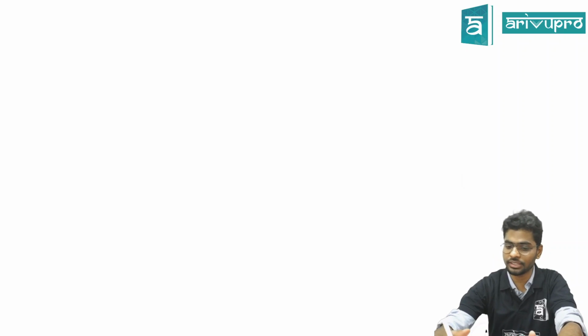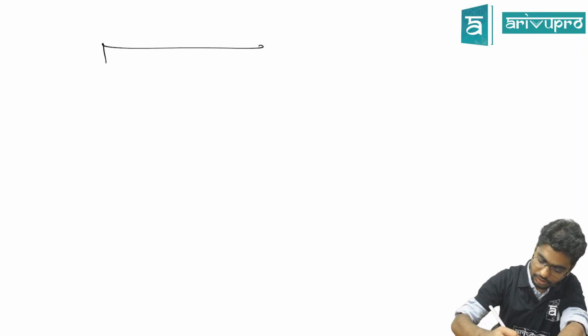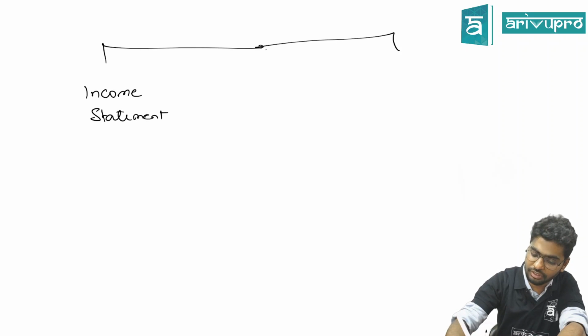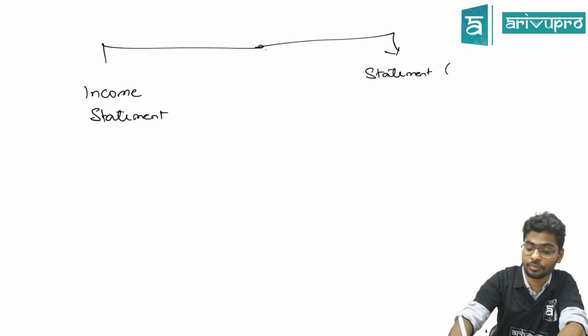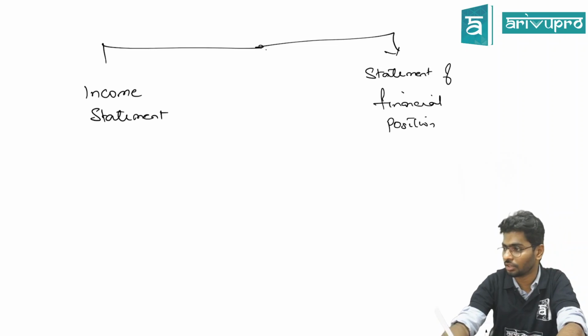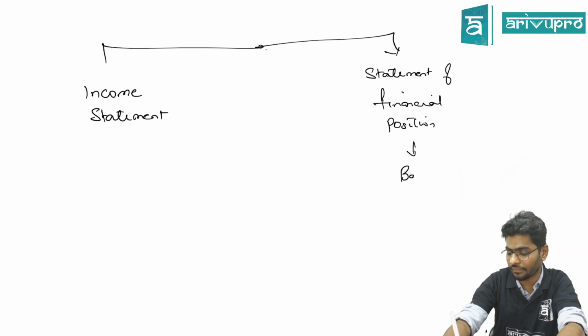From the trial balance we prepare final statements, and the final statements comprise the income statement and the statement of financial position, which we call the balance sheet.